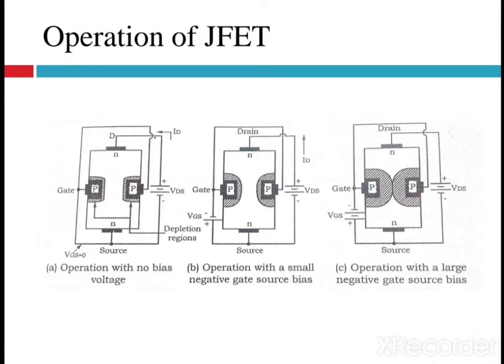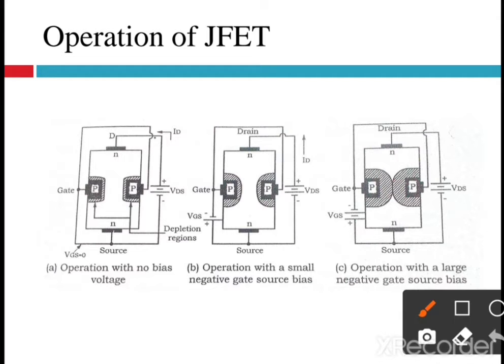This voltage drop will reverse bias the gate to source junction. The depletion region of the reverse biased PN junction penetrates more into the N-type bar because it is lightly doped as compared to the heavily doped P-type gate. So the penetration of the depletion region into the N-type bar depends on the reverse bias voltage.